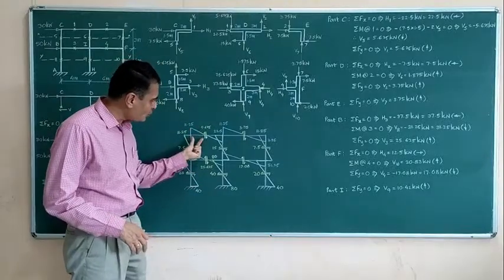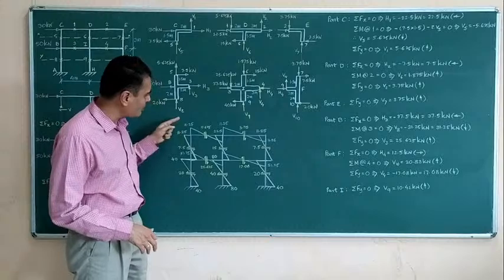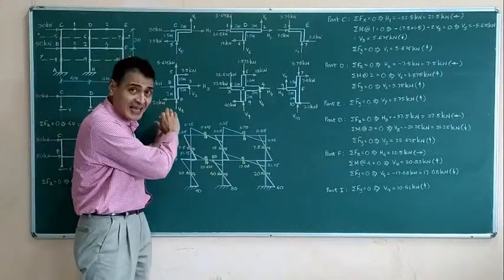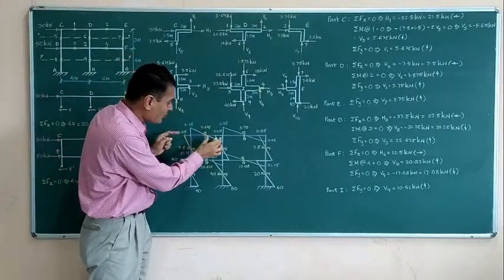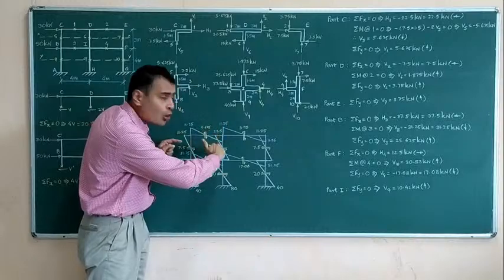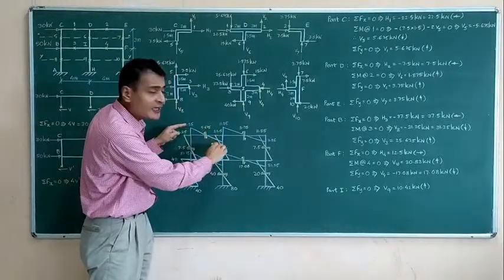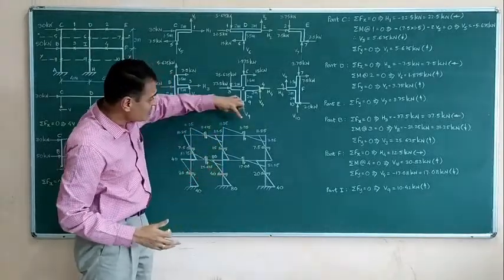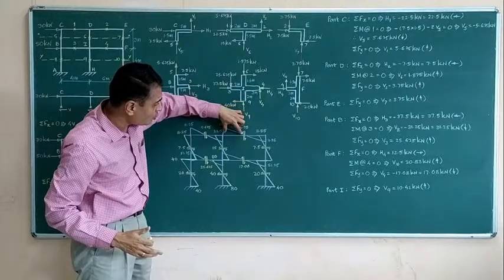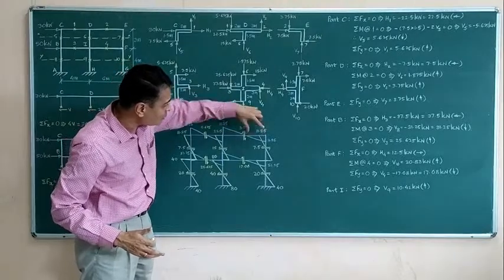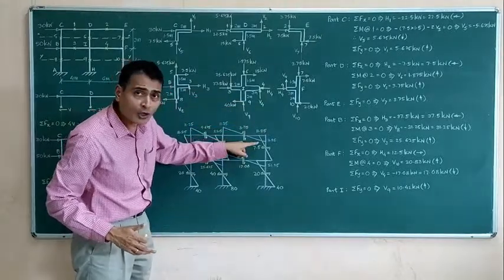5.625 upwards into 2 meters giving me 11.25 sagging. 5.625 into 2, 11.25 hogging. So positive to negative linear variation. Similarly 3.75 into 3, 3.75 into 3, sagging and hogging.